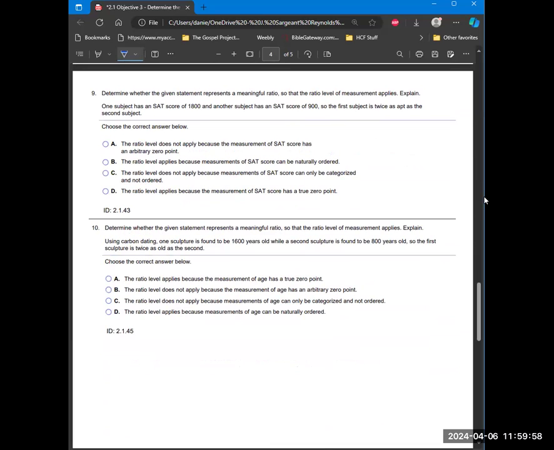One subject has an SAT score of 1800 and another subject has an SAT score of 900. So the first subject is twice as apt as the second subject. No, it does not apply because the measurement of the SAT score has an arbitrary 0 point. So that's A. You may not have known that about SATs, but their 0 score does not mean that it's 0.